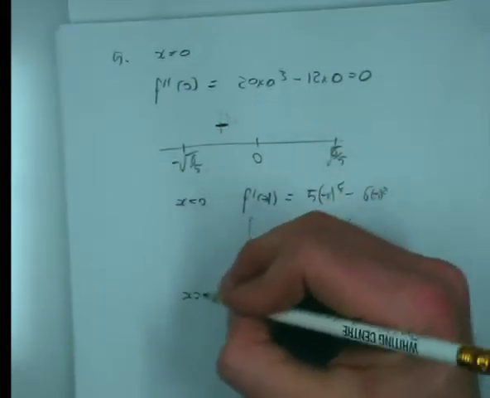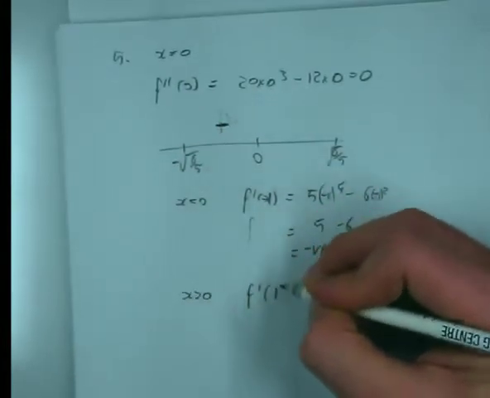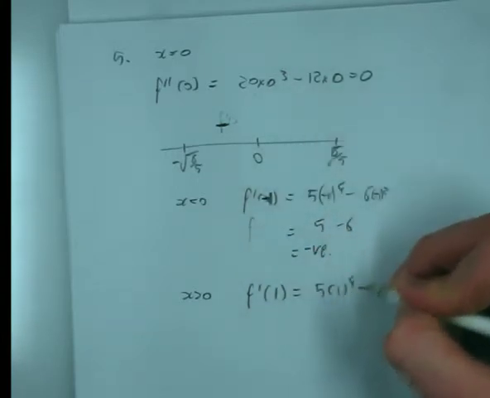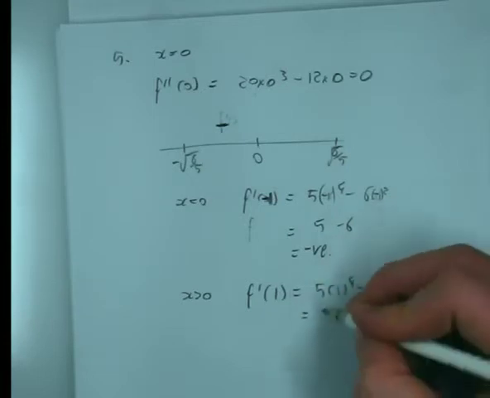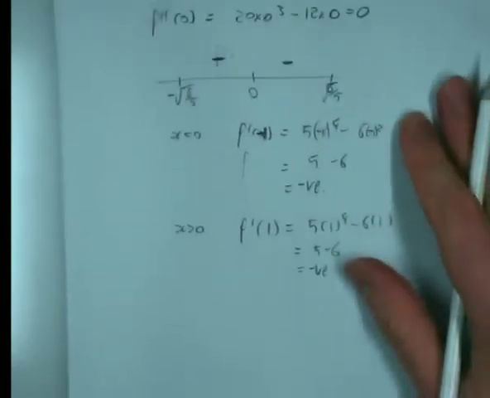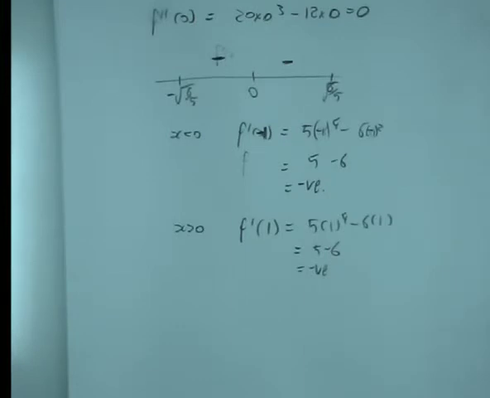And x is greater than 0, I'll choose f dashed of plus 1, which is still negative. So yeah, it's not a local maximum or a local minimum.